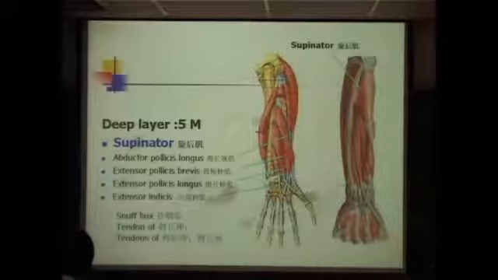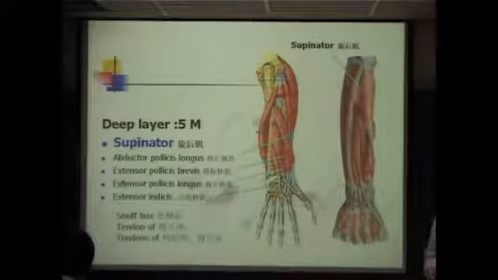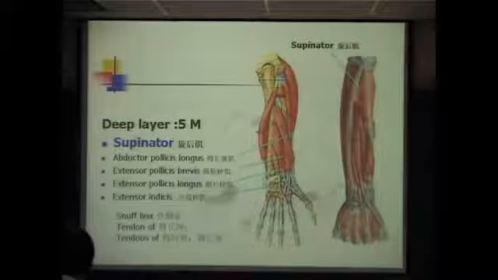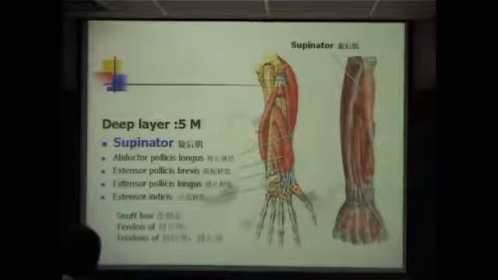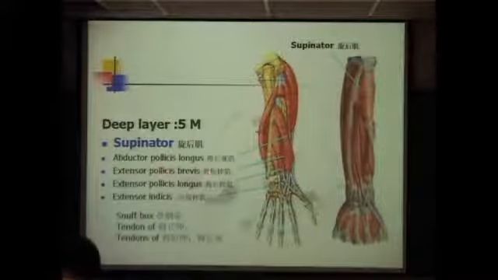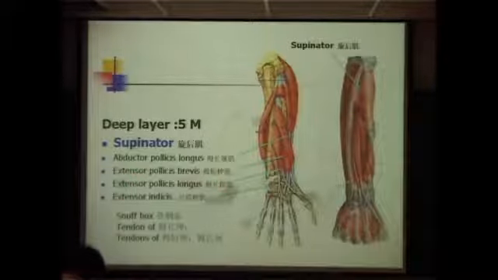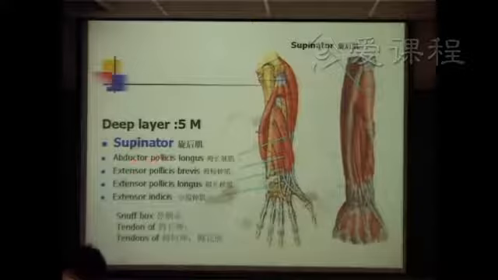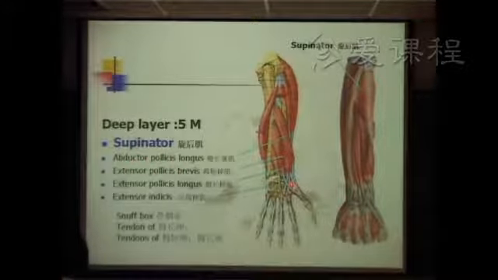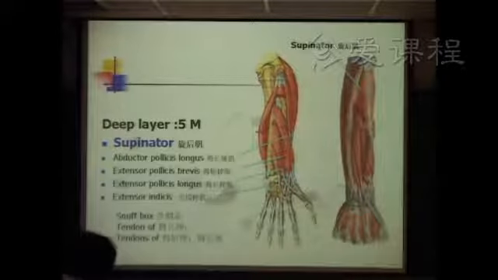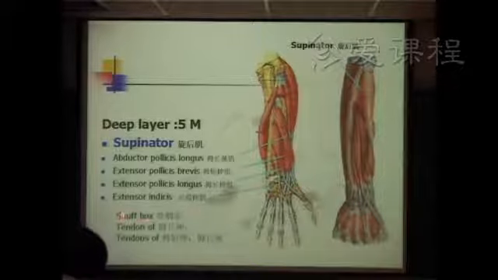You can identify the snuffbox on your own hand at the wrist. It is formed here by the tendons of the extensor pollicis brevis, extensor pollicis longus, and abductor pollicis longus. It's like here, you can identify the tendons and identify the snuffbox.